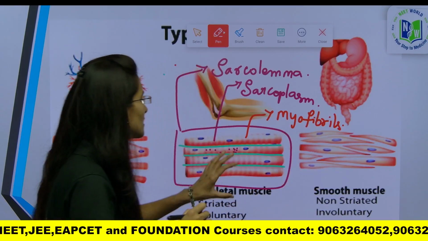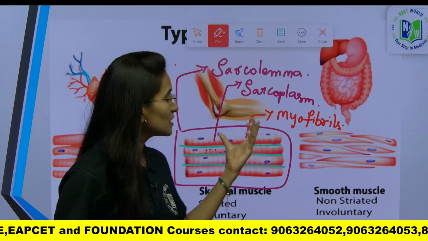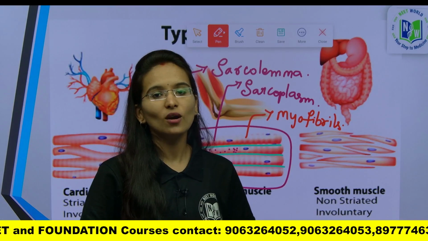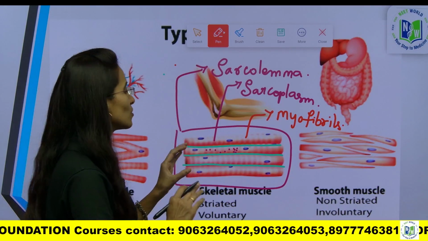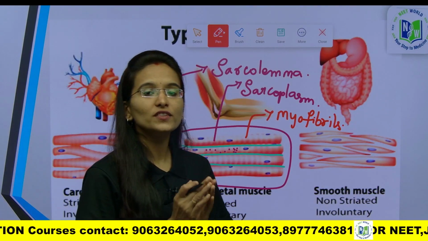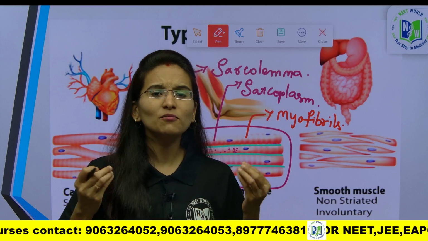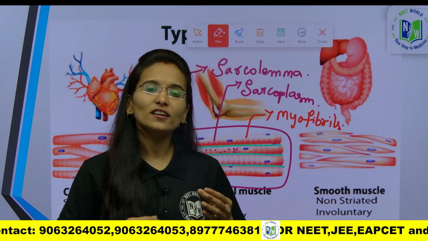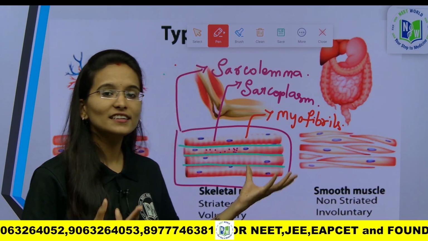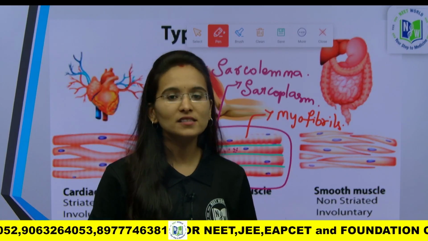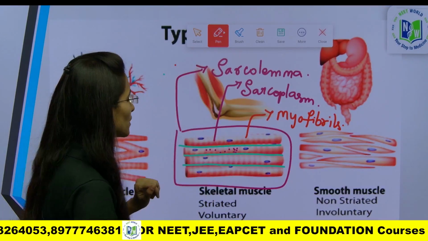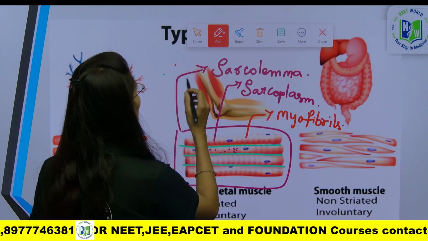This muscular tissue is made up of special proteins called contractile proteins. The extreme function of the muscular tissue is contractile in nature. Contractility is a major function of the muscular tissues, hence it is made up of contractile proteins.